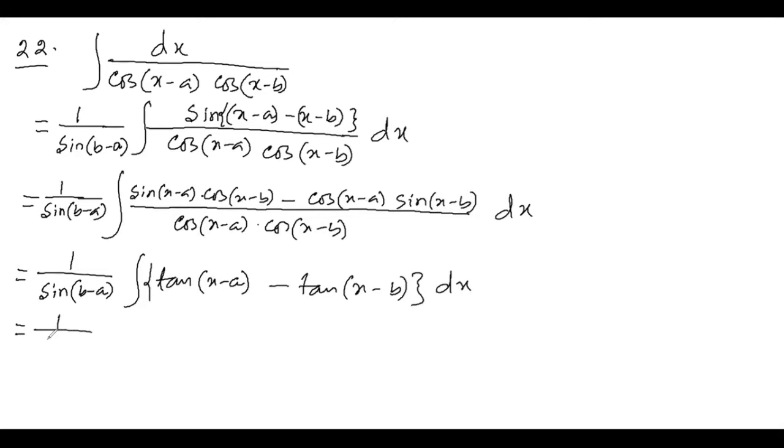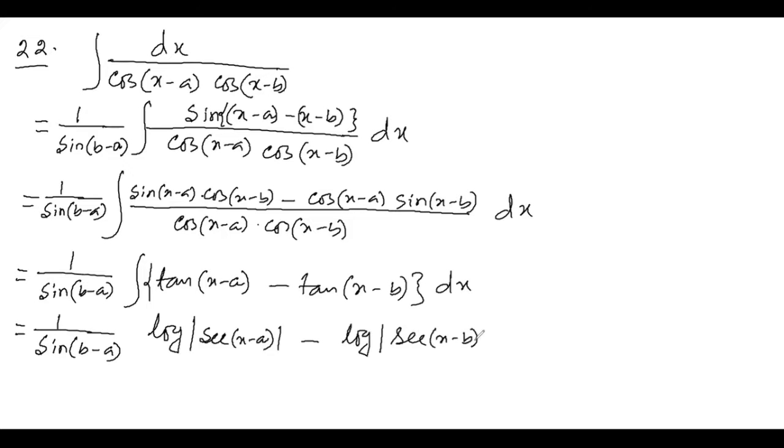So what will be the integration? Tan x integration, you know, is log mod sec x. So log mod sec of x minus a, minus log mod sec of x minus b.